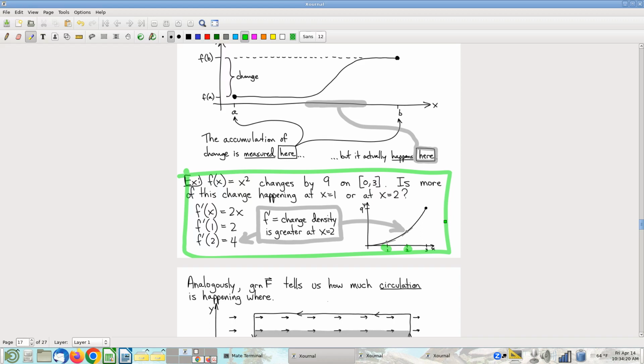Well, yeah, if we just look at the derivative, see where the derivative's bigger. Well, the derivative is an indication of how much change is happening. Change doesn't happen at a point, it happens nearby a point, but you know what I mean, right? The derivative is telling you how much change is happening in the vicinity of a given point. And of course it's per unit size, that's all understood.